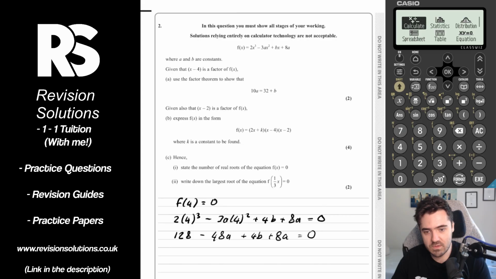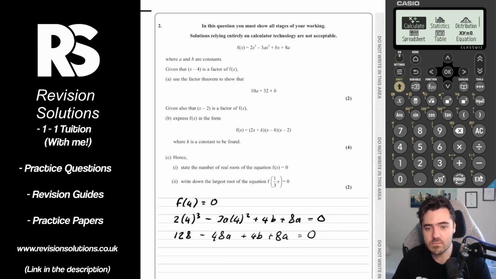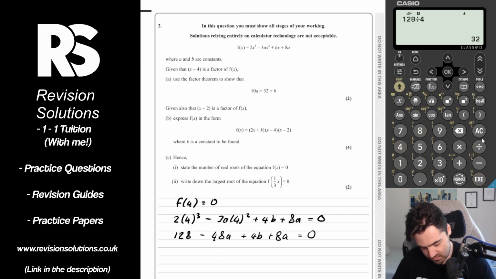Cancelling down a bit further now, we can actually divide everything by a factor of 4. So let's do that. So 128 divided by 4, that's 32.